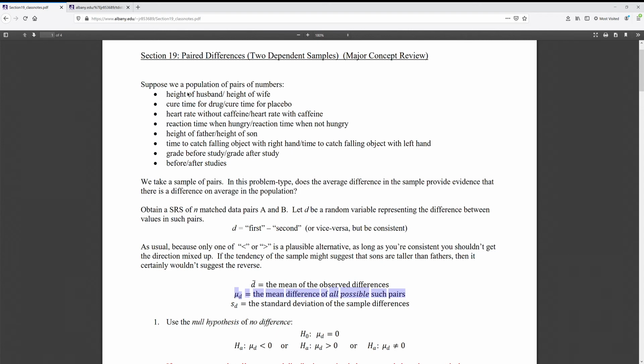The average height difference between all possible husband-wife combos. The average height difference in all father-son combos. The average grade difference for all possible students before studying, after studying, and so forth and so on. So from the sample, we have those n numbers.